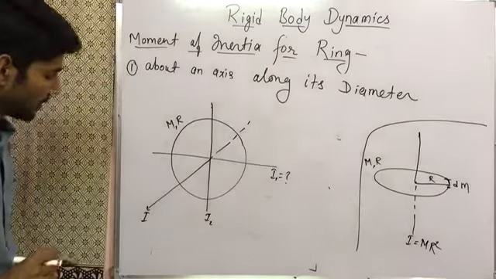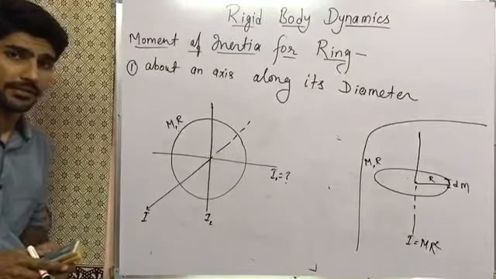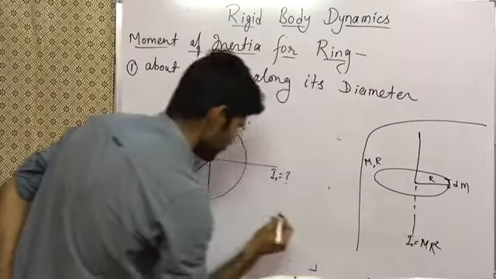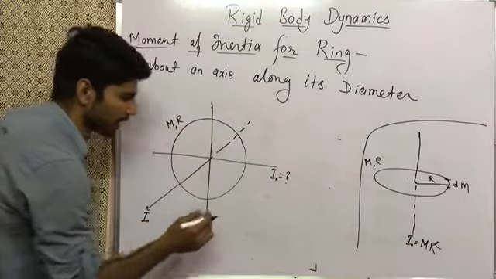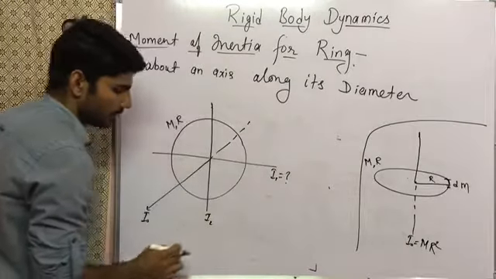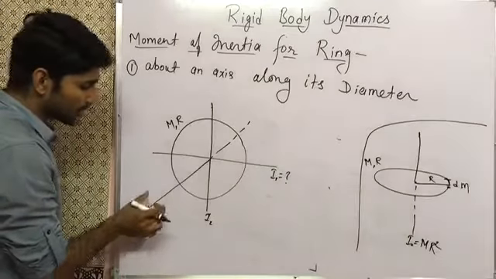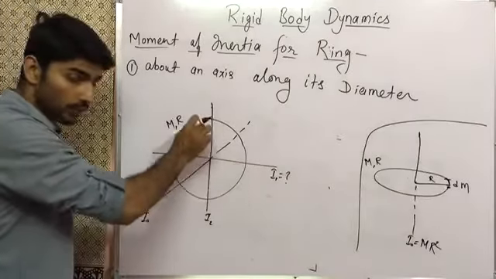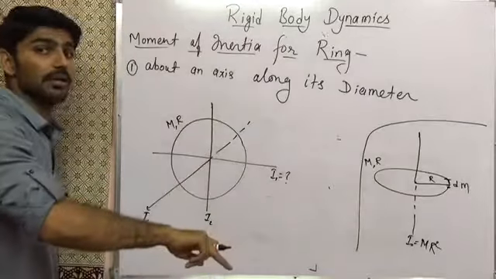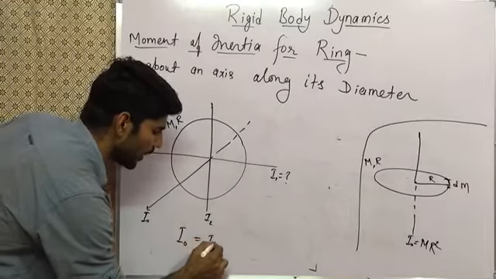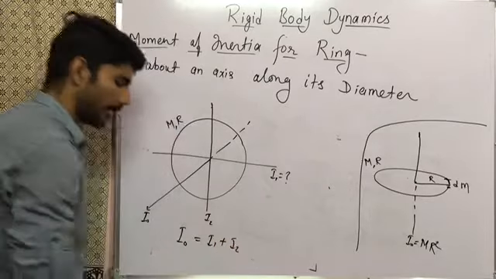The moment of inertia about this axis is I naught. According to the perpendicular axis theorem, the moment of inertia about an axis perpendicular to the two perpendicular axes is equal to the sum of their moments of inertia. So I naught equals I1 plus I2.